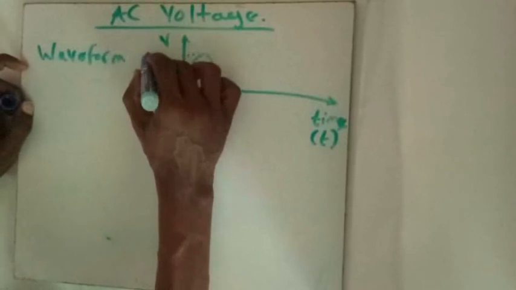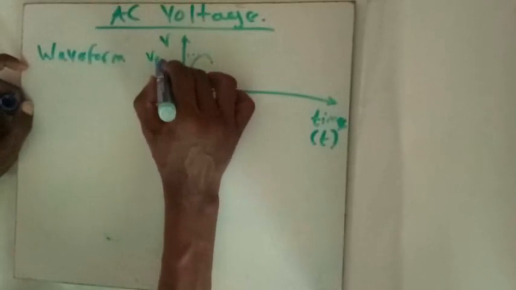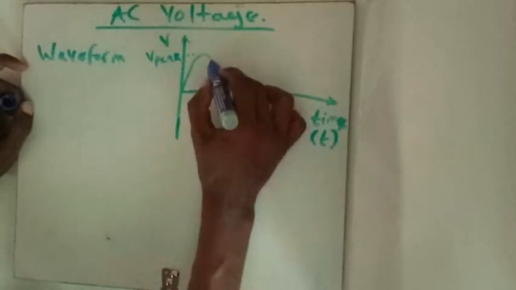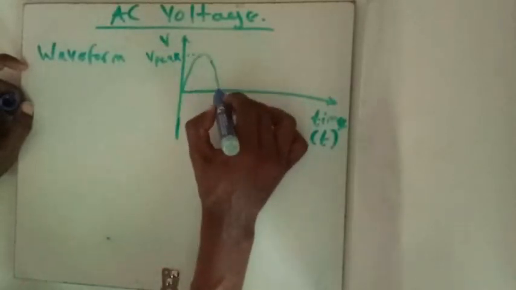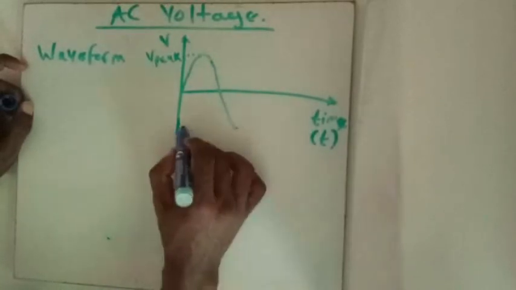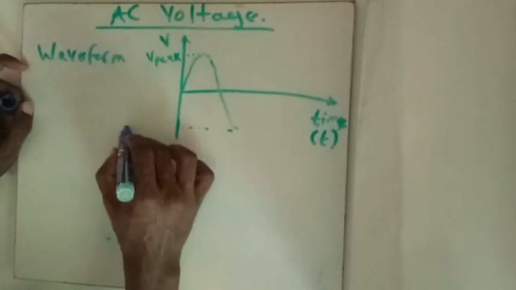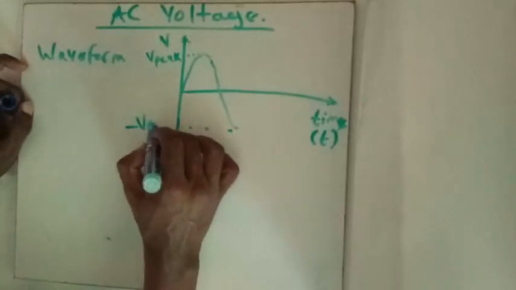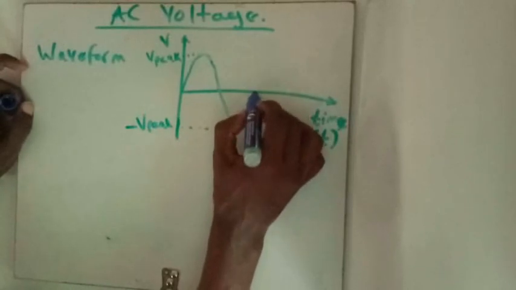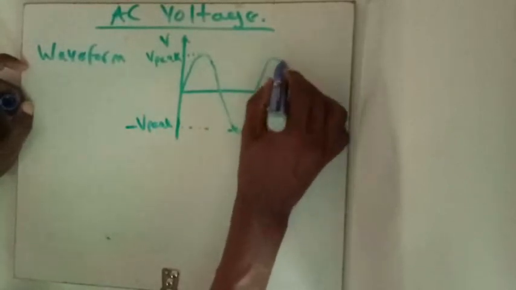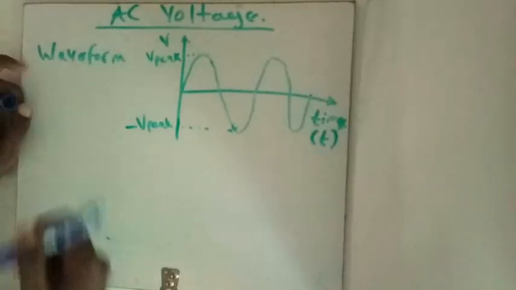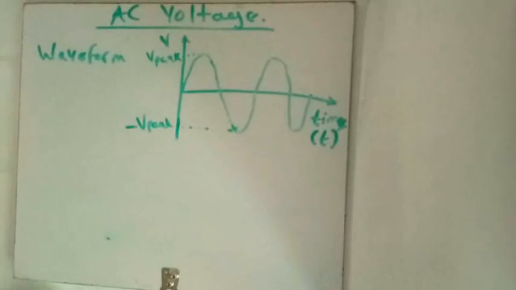peak V. The peak value drops to 0, and then from 0 goes down to negative V peak, and rises back again, then continues that trend. So this is the waveform for AC voltage.